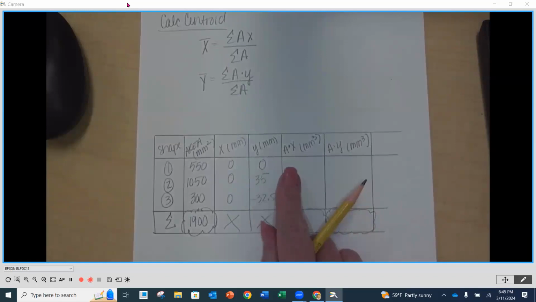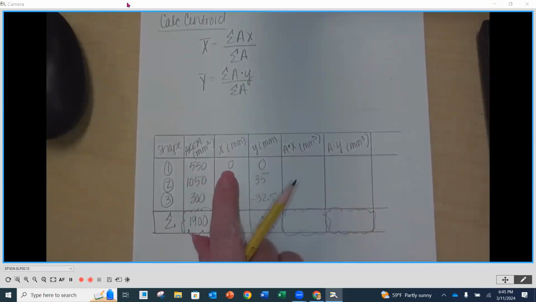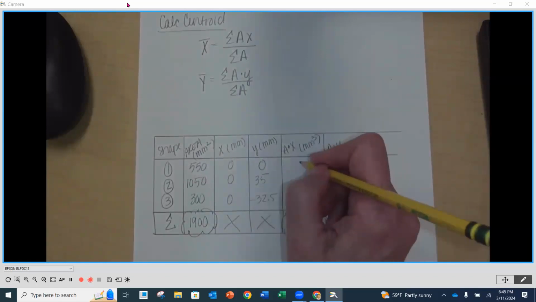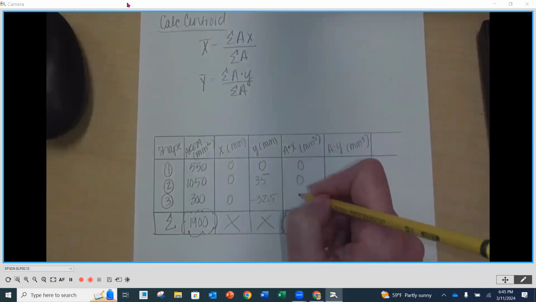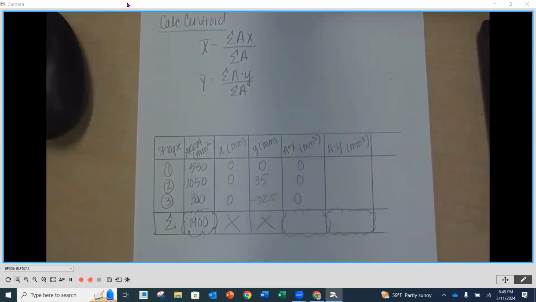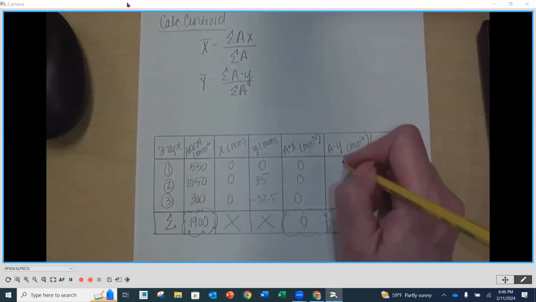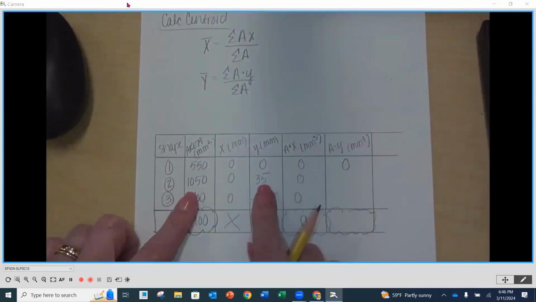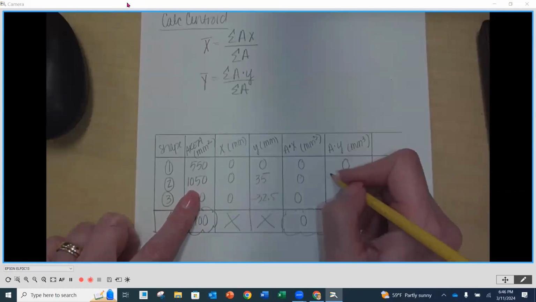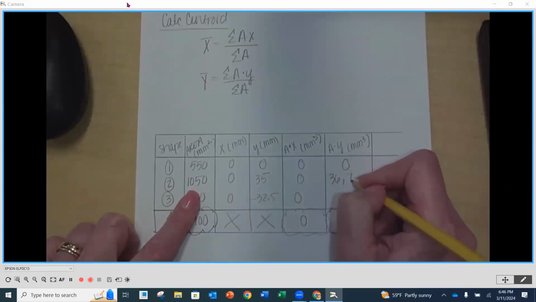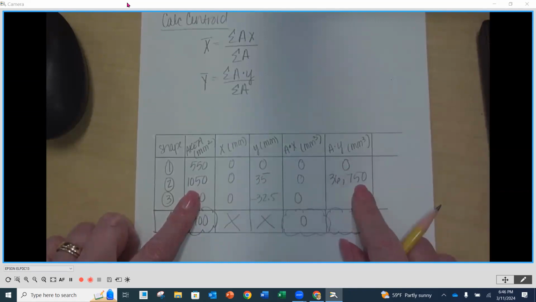So now we have to multiply A times X. Well, that's easy. 0, 0, 0, right? So that means the sum is going to be 0. And then we're going to do our A times our Y's. For the first one, it's 0. But now we're going to multiply A times Y here. We're going to get 36,750 millimeters cubed.